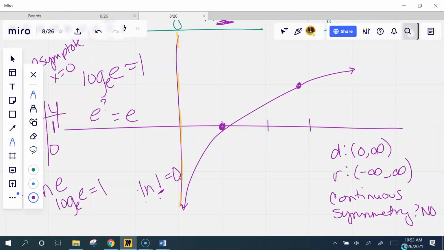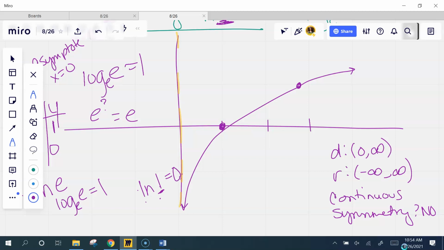It's negative infinity, positive. If it's x equals, it's up and down.